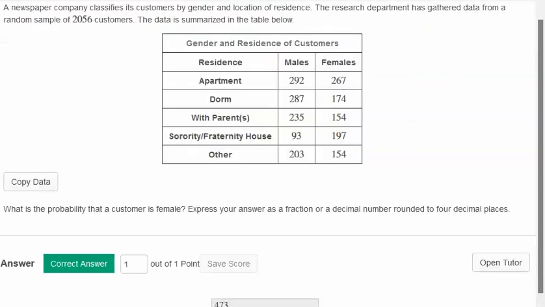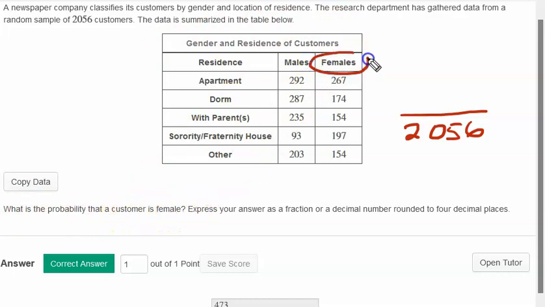In this example, pause, read it carefully, and see what you can pick out. Well, we know our sample space is 2056, and they're looking for the probability that a customer is female.